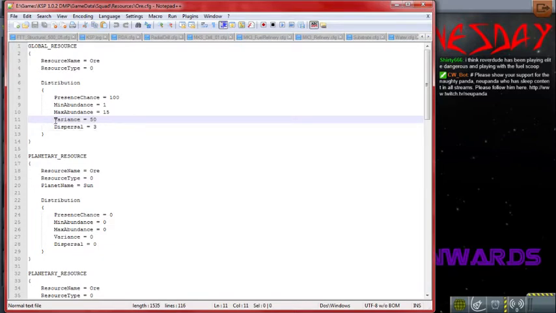And the bigger the variance number, the more of those dots that you actually got on the surface, and the dots would vary between the maximum and the minimum. So now we've got a dispersal value to push the peaks further apart so that they didn't clump together quite so much.